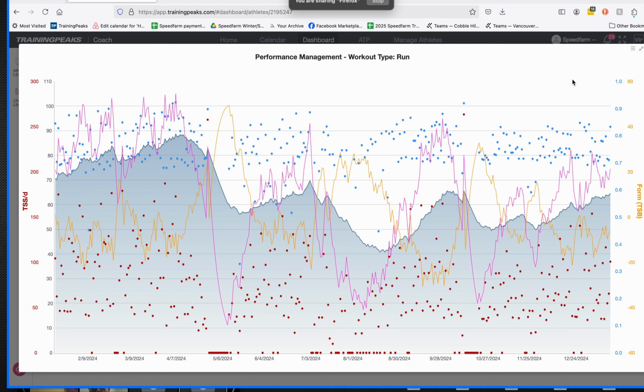But over time, the progression of chronic training load should be upwards until you reach a sustainable level for yourself. And then this will look a lot more like Martin's, fairly sideways with ups and downs during the year and well-timed builds associated with key races.